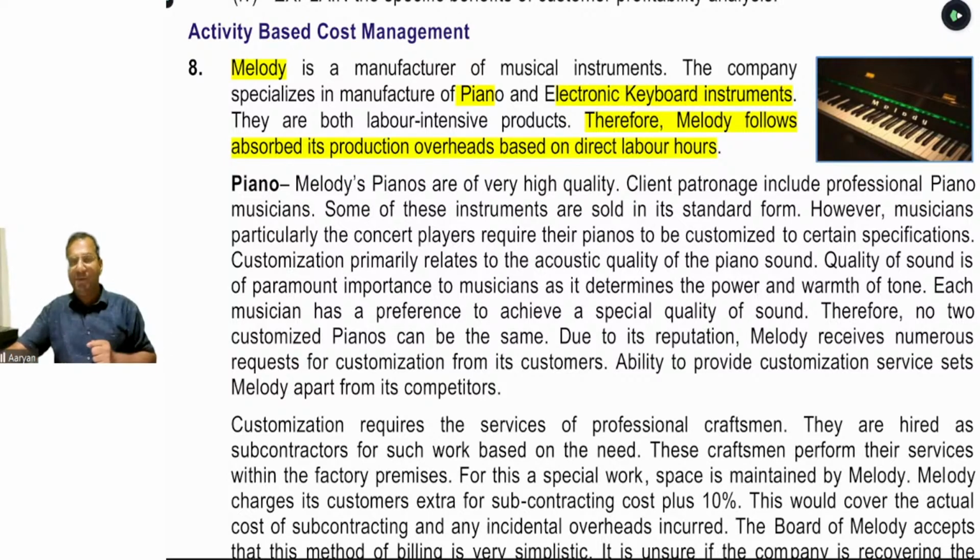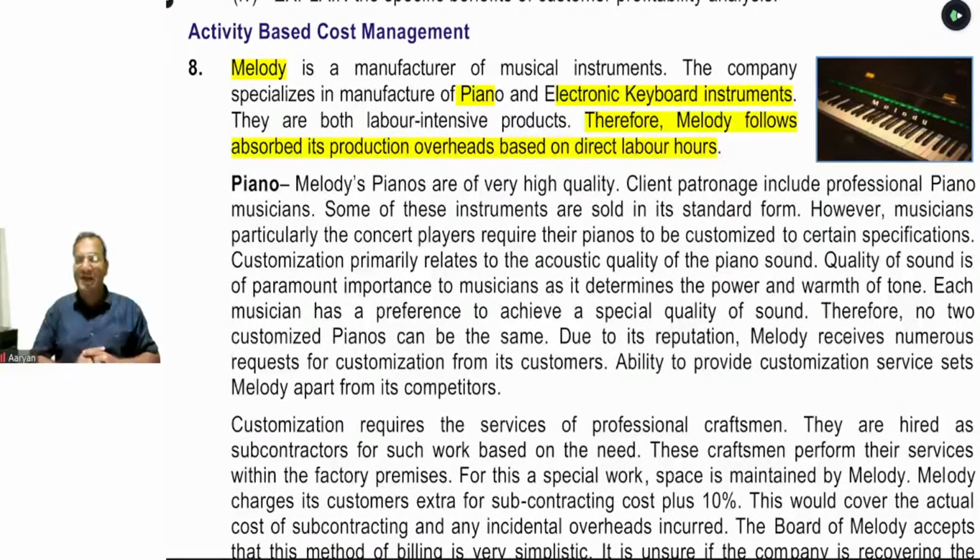The logic is very simple. In traditional method, we are having the blanket recovery rate and we are having the multiple recovery rate. But in ABC method, we are only having the multiple recovery rate. I also told you in the basics that as per the authors David Norton and Kaplan, in a mid-size organization, there should be minimum 40 to 50 activities. And we have seen that in the store department, we have bifurcated the store department into 4 different activities.